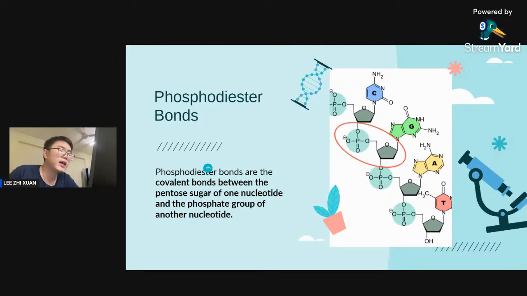Phosphodiester bonds are the covalent bonds between the pentose sugar of one nucleotide and the phosphate group of another nucleotide. If you see this structure, the phosphodiester bond is here, and also here. I highlight it here. It is bonded with one carbon here, and the other is the phosphate group.